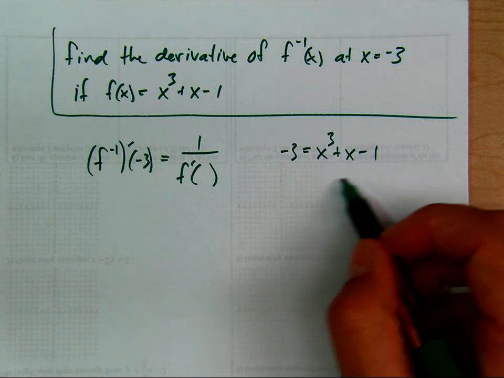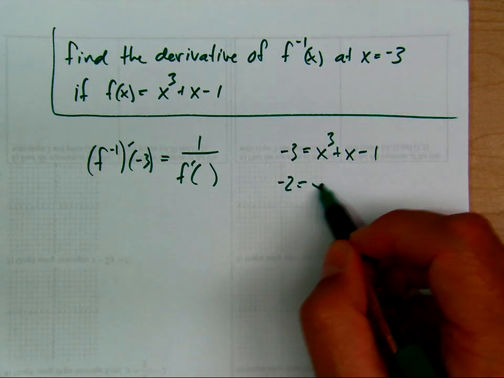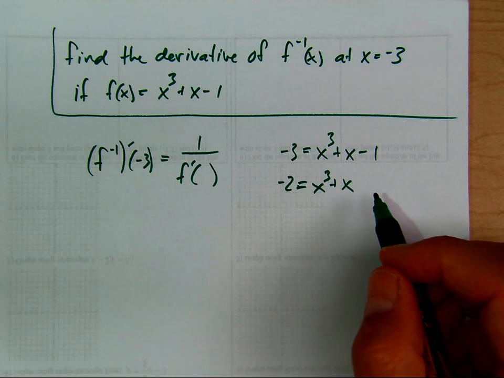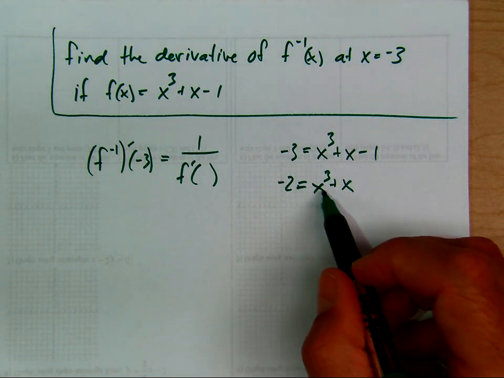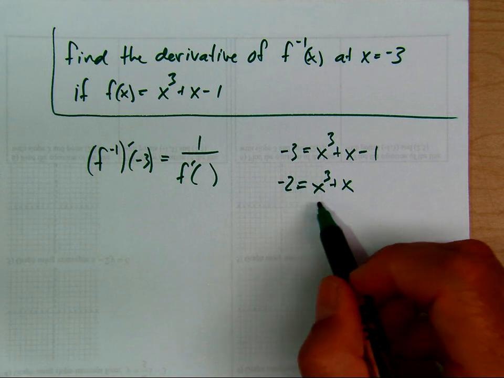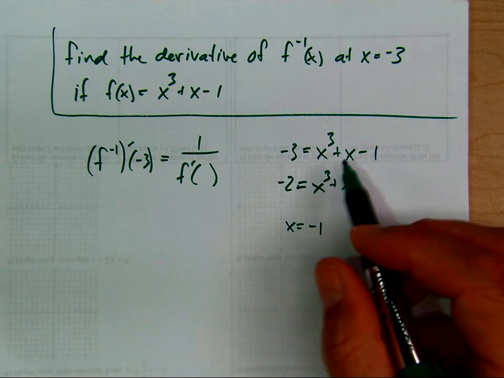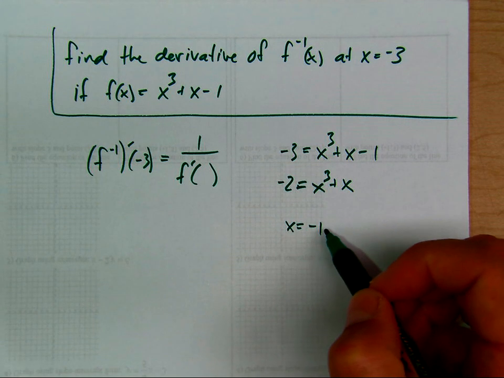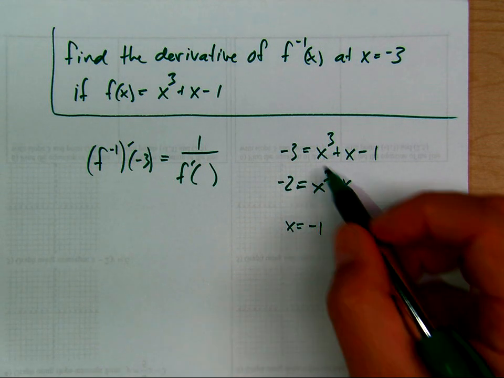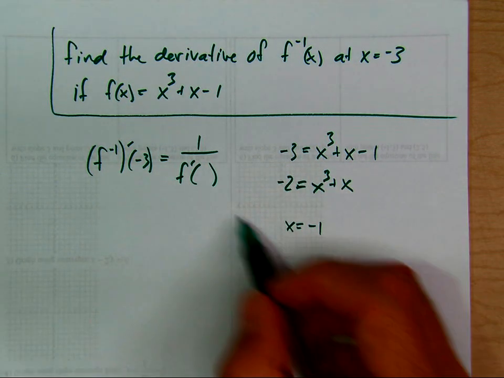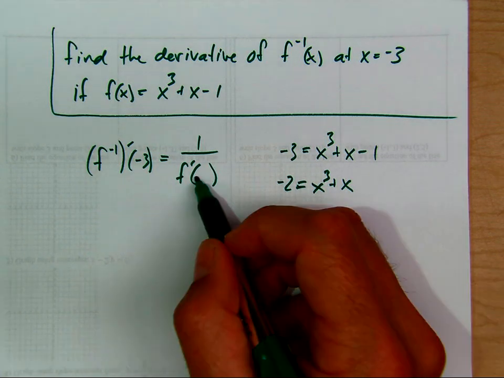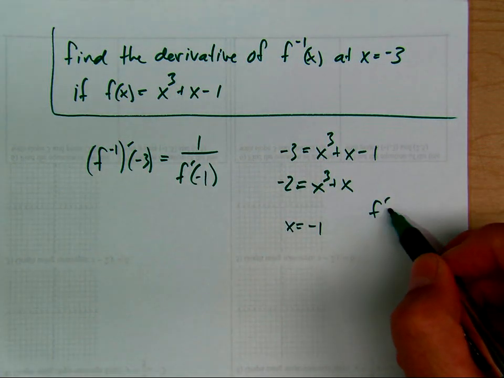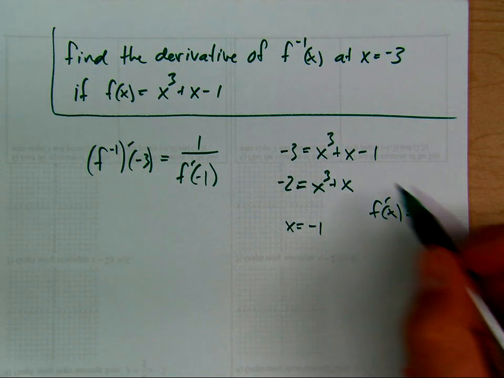We're going to add a 1, and we just think what number could we put here and here to make negative 2, and it turns out it's negative 1. Negative 1 cubed is negative 1, put a negative 1 there, and we'll get negative 2. So the x value for that y value, this x value is going to go here, and we need f prime, which is going to be 3x squared plus 1.